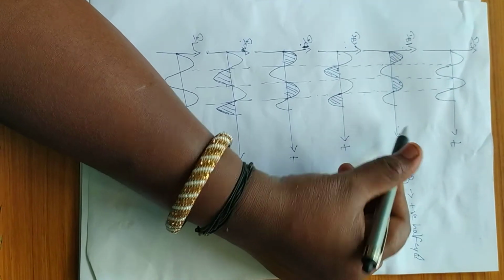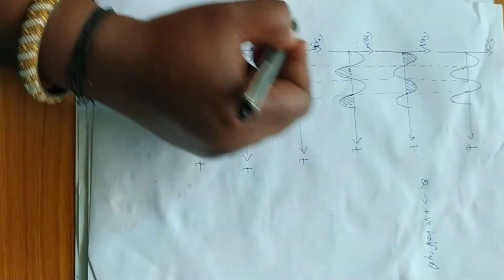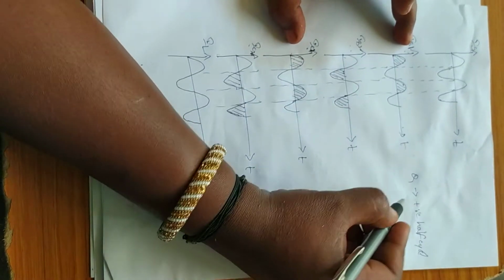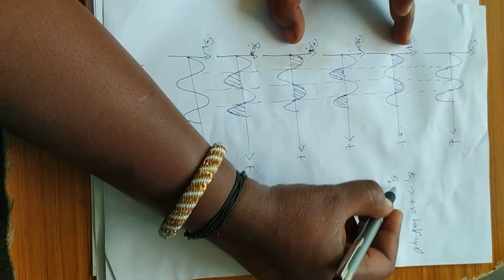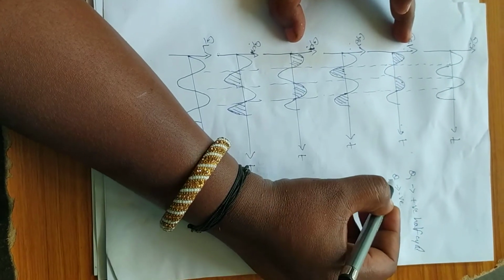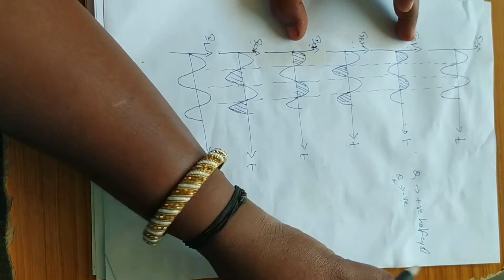So IB1 flows. Whenever IB1 flows, IC1 flows. So these two are similar. For negative half cycle, Q2 conducts.